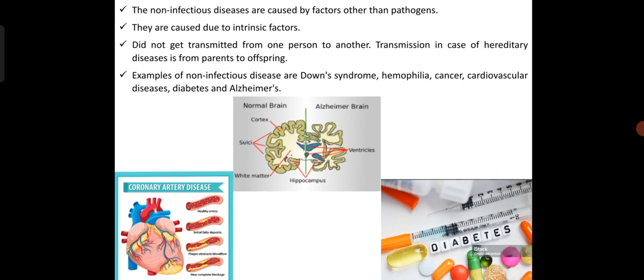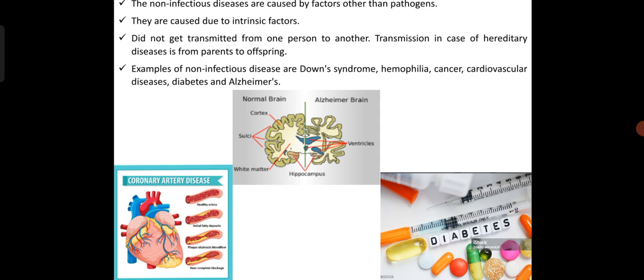The first picture shows coronary artery disease, a cardiovascular disease, in which your coronary artery gets blocked with fat. This yellow colored part shows blockages in the heart which cause cardiovascular diseases and heart attack.